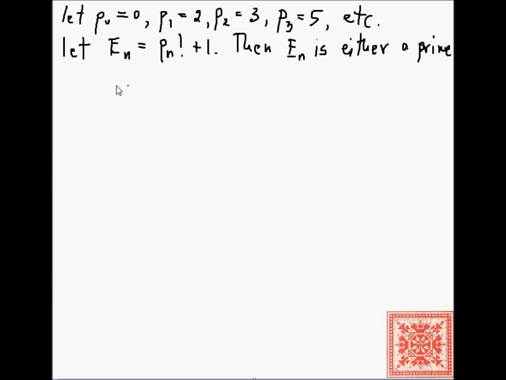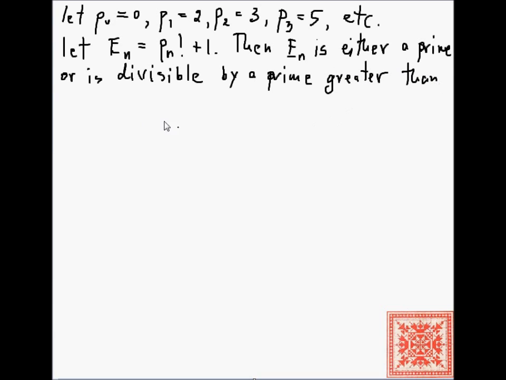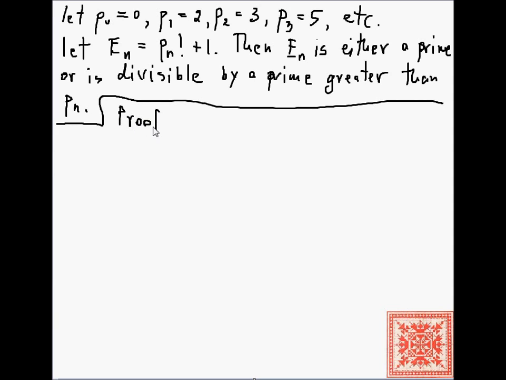And so this reformulated second theorem by Euclid states that En is either a prime or is divisible by a prime greater than Pn. So there are infinitely many primes.